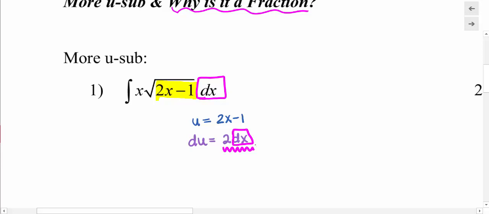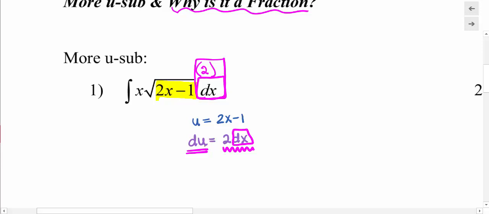I need 2 dx in order to substitute that for du. So we're going to make this say 2 dx, multiplying this in essence by 2. I'm not going to rewrite the dx, just for confusion. But really I'm going to multiply this by 2 so that that's 2 dx, and then this 2 dx part is going to become du.